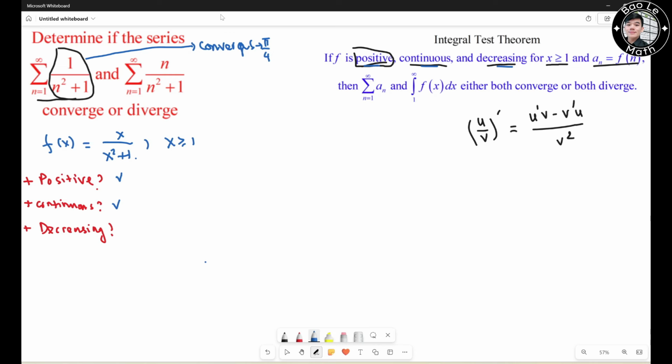Now decreasing. In order to determine if the function is decreasing, we need to differentiate the function. So I have f prime of s equals. Now we apply the same formula right here.